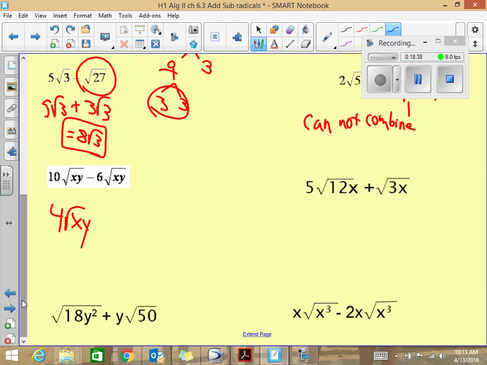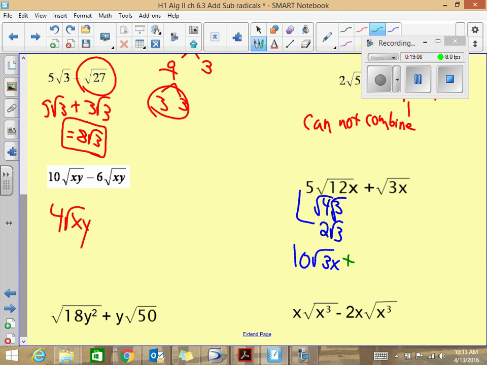We can't do anything with the x, so what can we do with the 12? Right. This is 4 and 3. So this becomes 2 radical 3. Right, so the 2 and the 5 multiply together. So we get 10 radical 3x. Does that make sense?